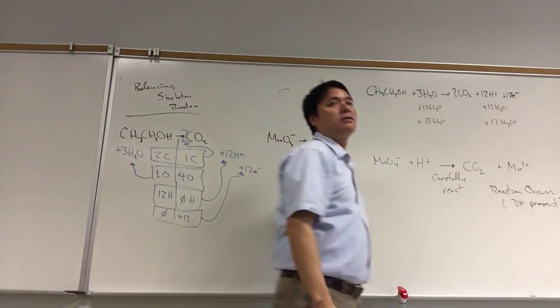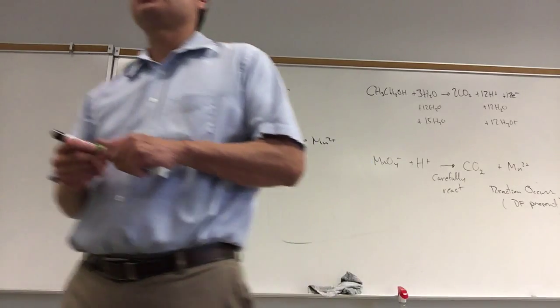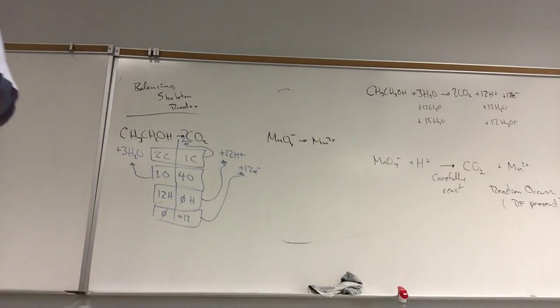Oh, the atoms are balanced. Is that a balanced reaction? No, it's not. We don't call it a reaction. What do we call this? We call it a balanced half reaction.